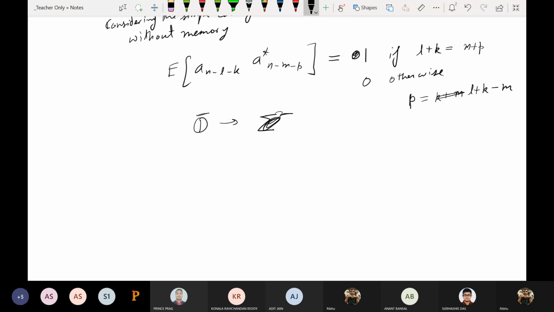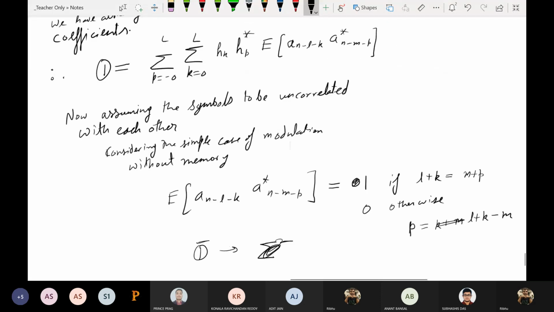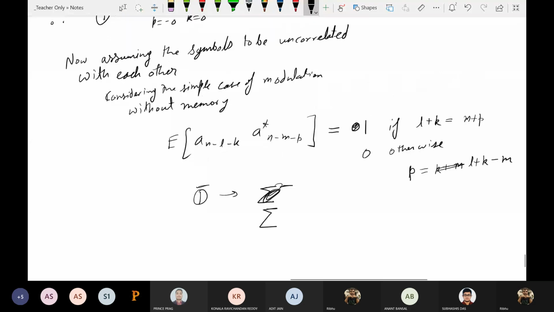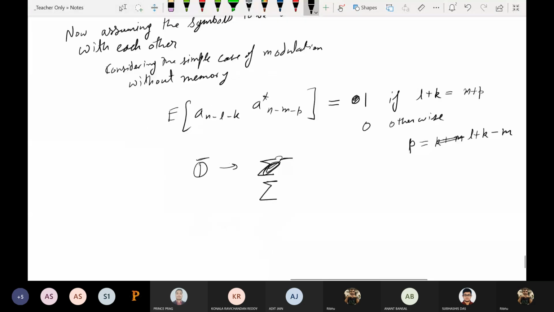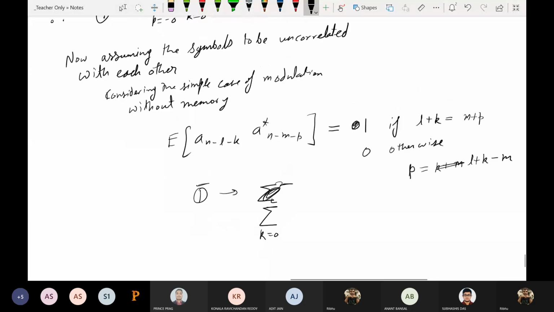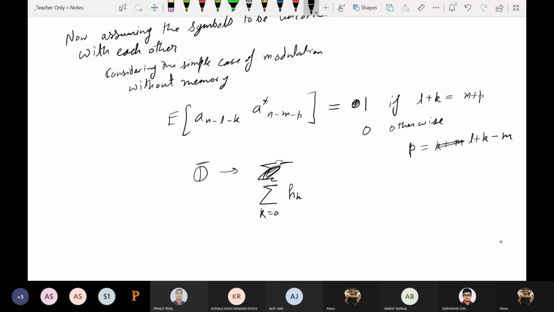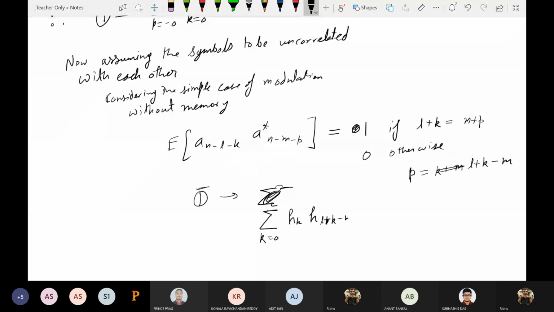Agreed? Yes, sir. Great. So this summation, 1, I can write as summation K goes from 0 to L, and HK, H(L plus K minus M), fine.